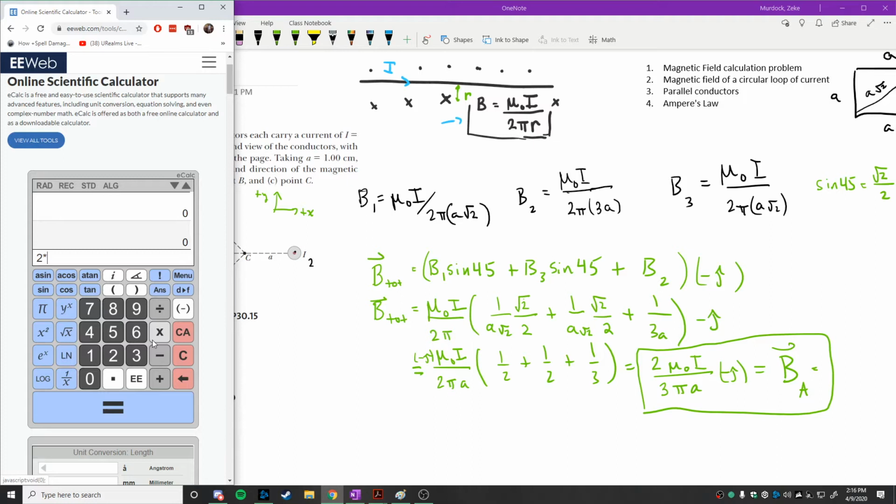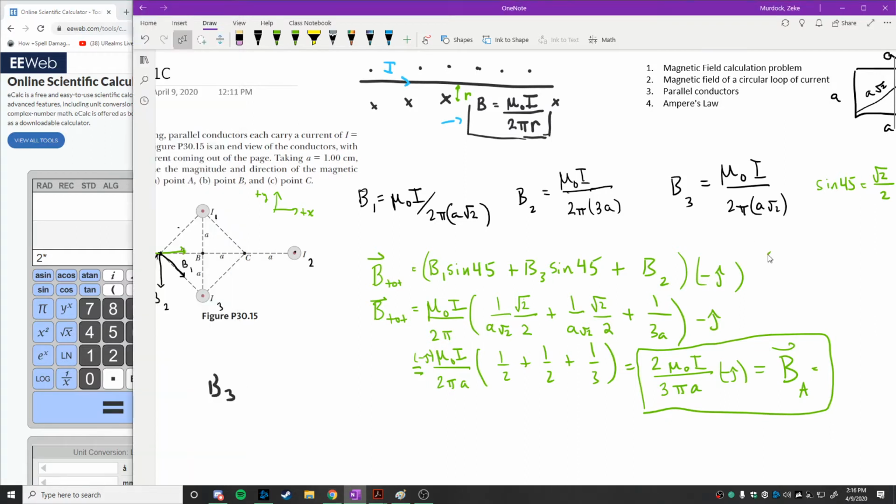I should also identify what mu naught is, in case anyone's confused. So mu naught is equal to 4 pi times 10 to the negative 7 Tesla meter per amp. All right.